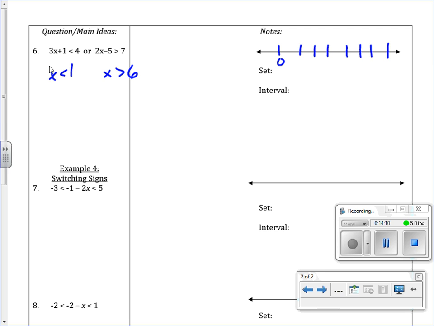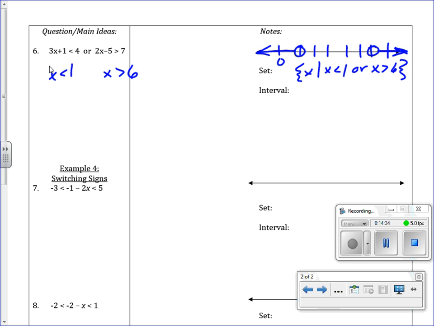All right, less than 1, open circle, going that way. Greater than 6. 1, 2, 3, 4, 5, 6, open circle, going that way. Okay, for my set notation, x such that x less than 1 or x greater than 6.